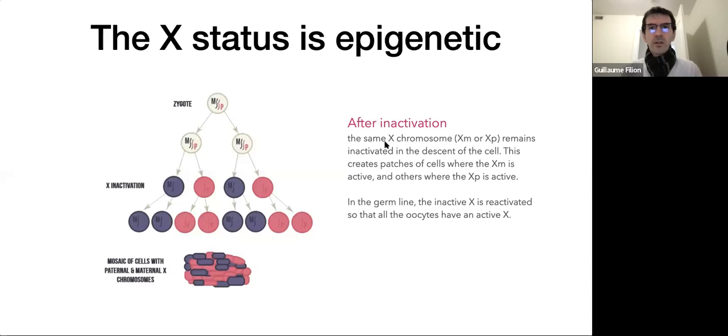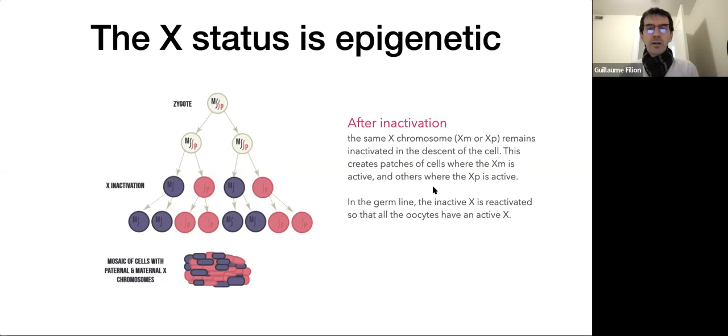So after inactivation, the same X chromosome, XM or XP, for maternal or paternal, remains inactivated in the descent of the cell. This creates patches of cells where the XM is active and others where the XP is active. Okay, so that's what they want to represent here: if that happens early on, let's say at 32 or 64 cells, you're going to have a patchwork of different kinds of cells.